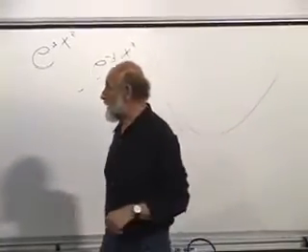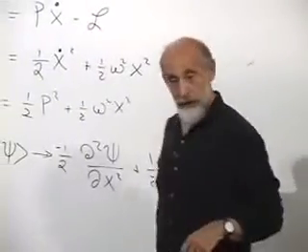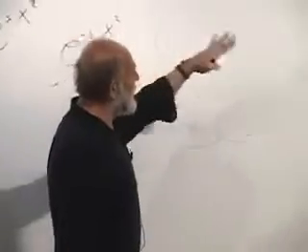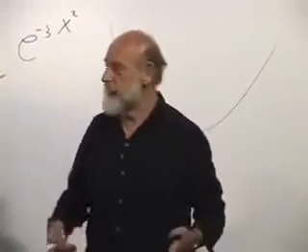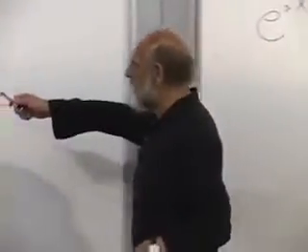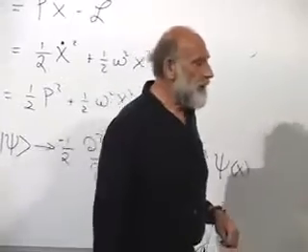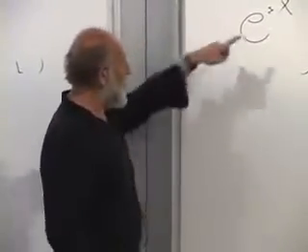Now, that's not a good thing because the energy contains x squared. If the probability is overwhelmingly very far away, it has to mean that the energy is huge because of this x squared term. And it would be. So there's something wrong with these exponentially increasing solutions.